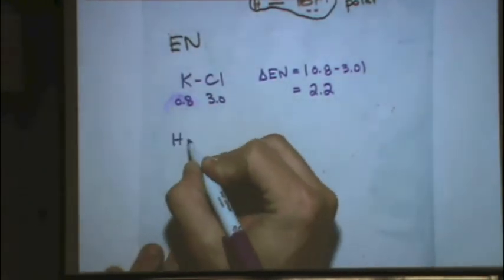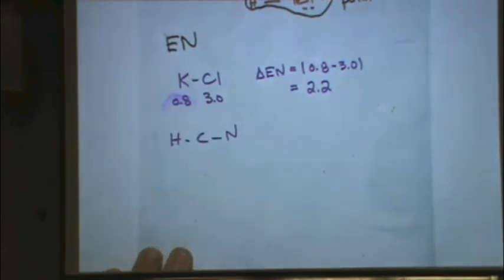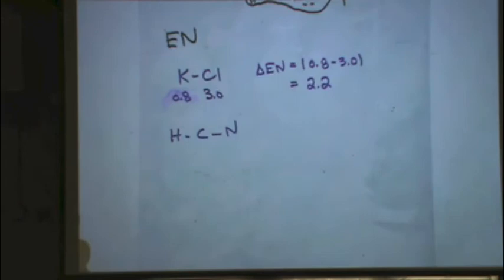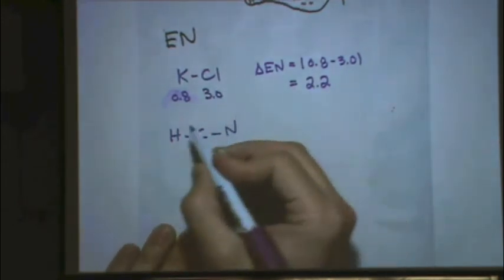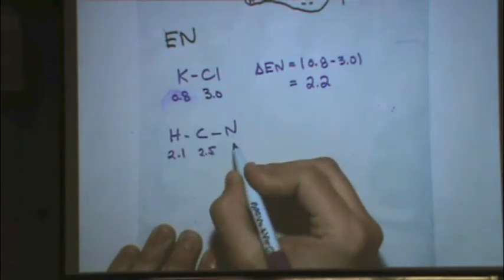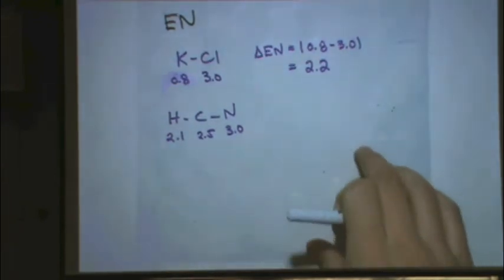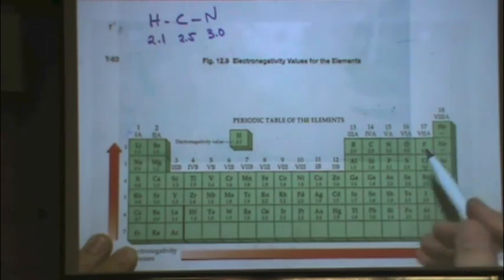Let's do another one, HCN, hydrocyanic acid. There are two bonds here. Hydrogen is 2.1. Carbon from that table is 2.5, and nitrogen is 3.0. This again is from this green electronegativity table here.